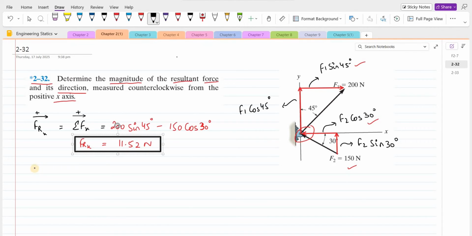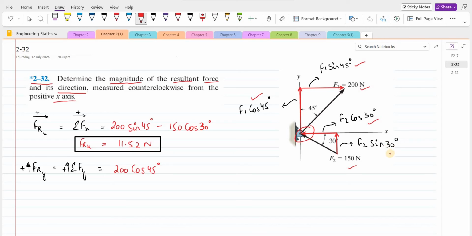Now we have to do the same for Fry, the y component of the resultant force. I'm considering the up direction as positive, and it is equal to the sum of the forces in the y direction. So we have F1 cos 45 degrees, and F1 is 200, so 200 cos 45 degrees.